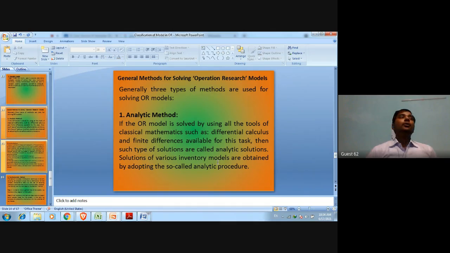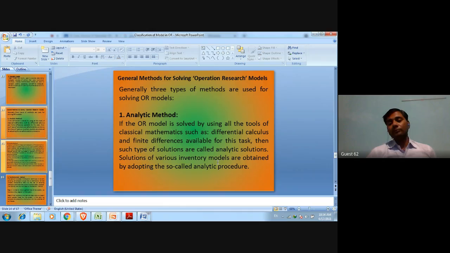It means if you are using traditional mathematical techniques such as differential calculus, integral calculus, differentiation, or any other mathematical techniques, then we can say that you are using the analytical method to solve an operations research model.